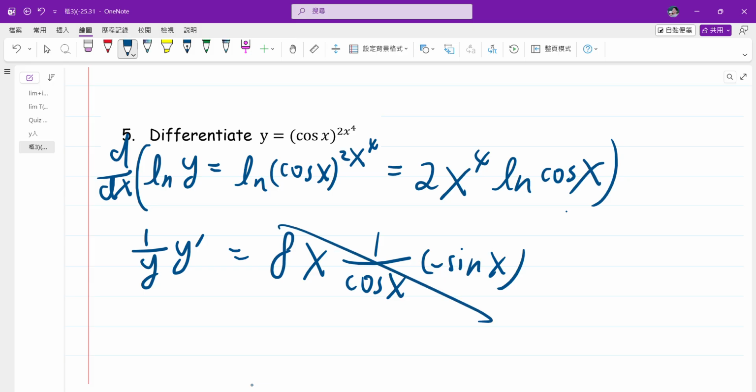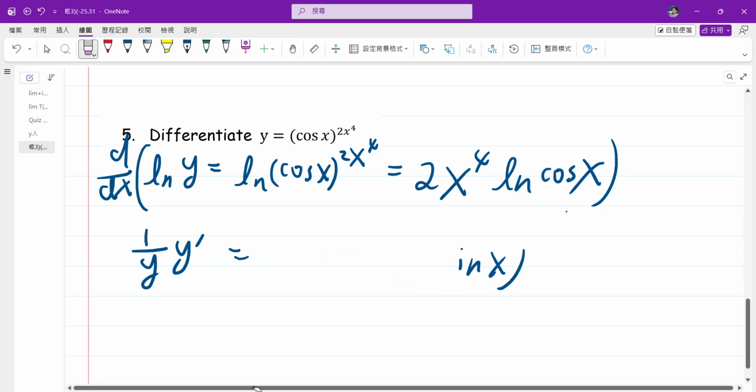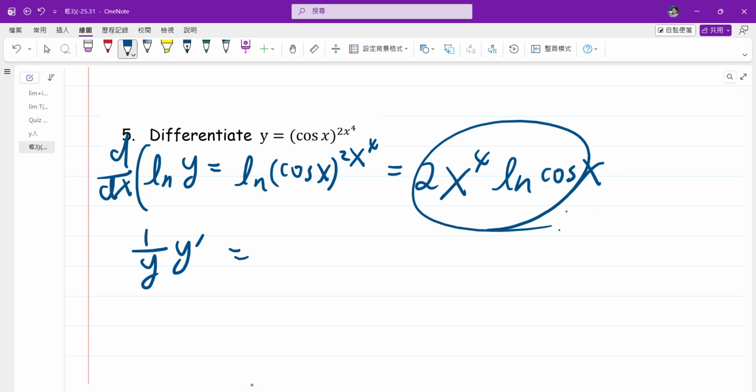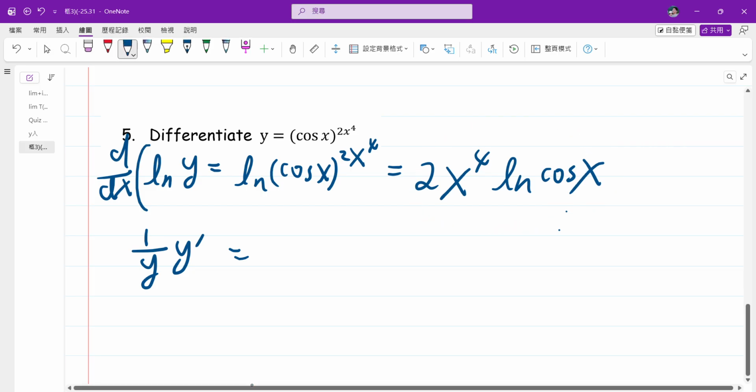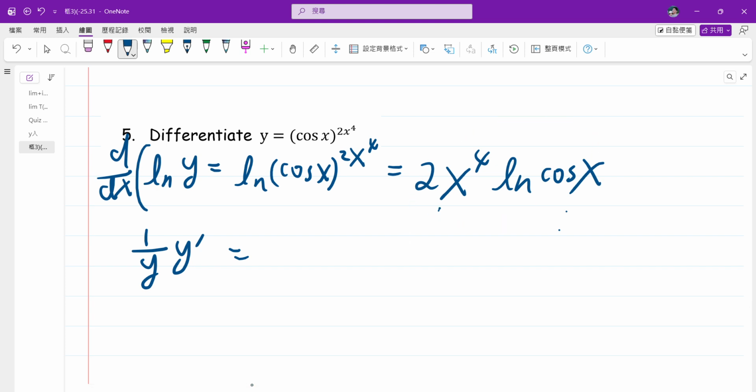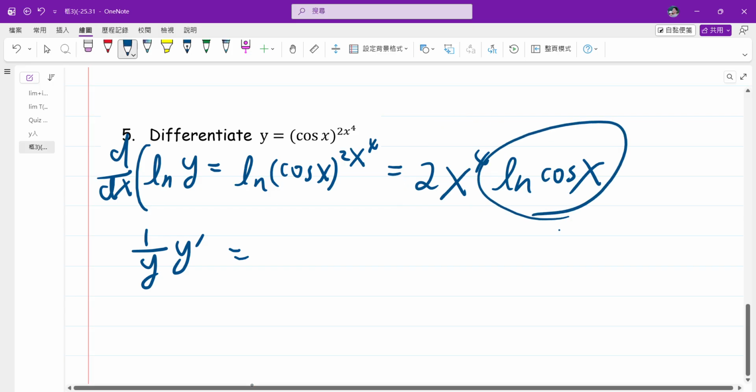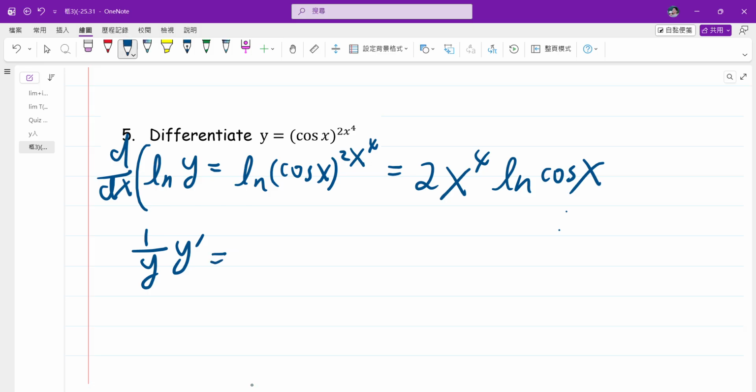No, this is totally wrong. It's so wrong because this is a product of two functions. If you see a product of two functions, when you find the derivative, you have to apply the product rule. You can't just find the derivative of the first factor and multiply by the derivative of the other factor. No, this is totally wrong.